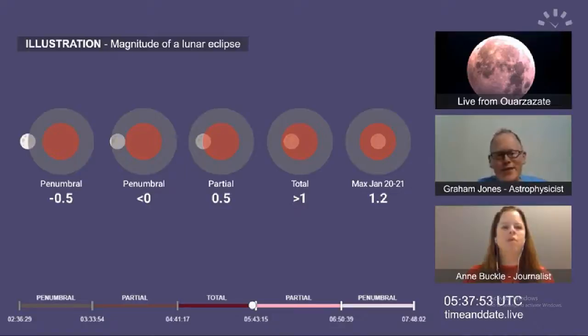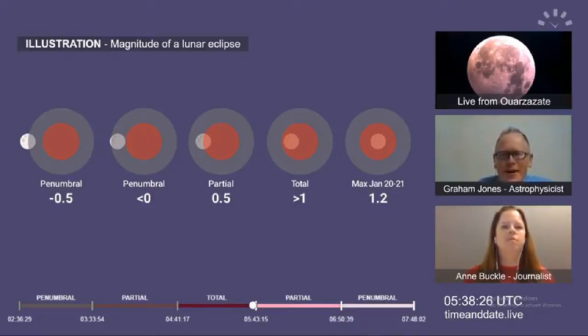Basically, the magnitude is a fraction. It's the fraction of the moon's diameter that is covered by the umbra. So at the beginning of the partial eclipse, it's 0. In the middle of our illustration, we can see that the moon is half covered by the umbra. This gives us a magnitude of 0.5 because half of the moon's surface is covered by that red inner part of the Earth's shadow.